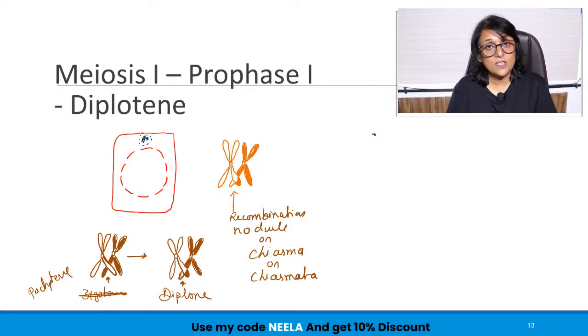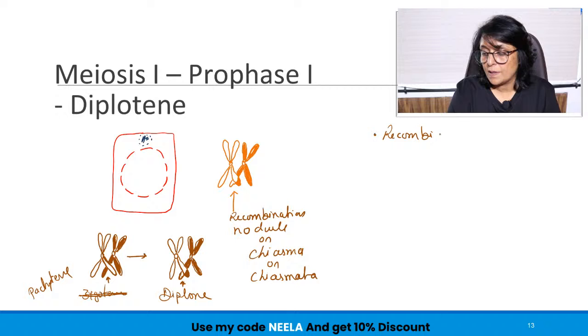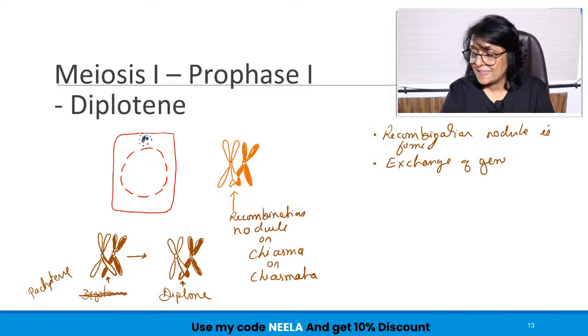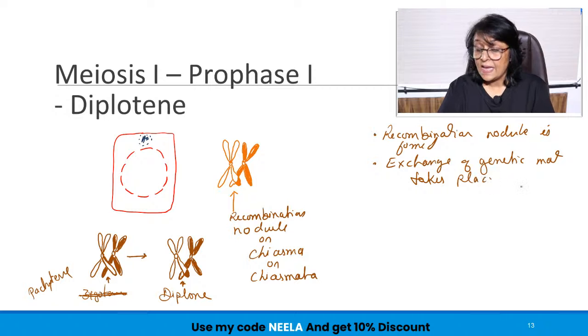So what are the changes here? Here we say recombination nodule is formed. An exchange of genetic material takes place. And this exchange is actually an enzyme-driven process.